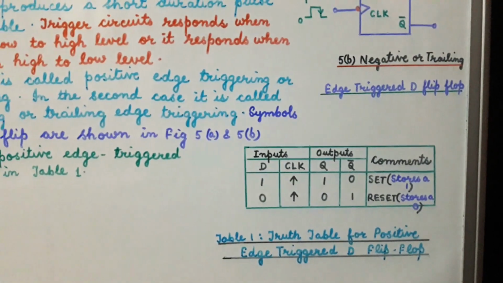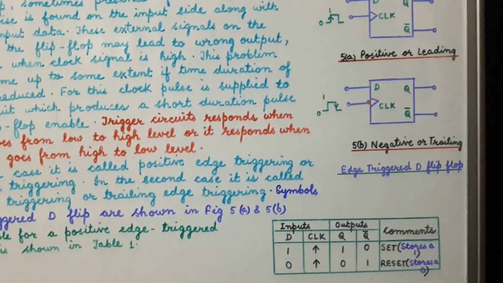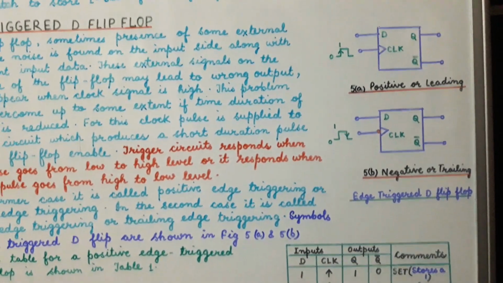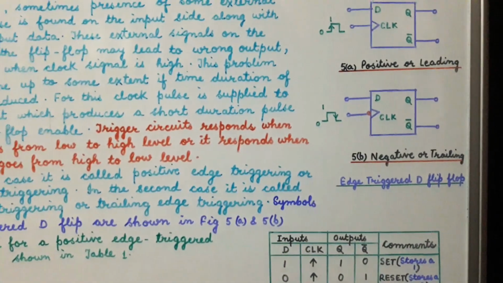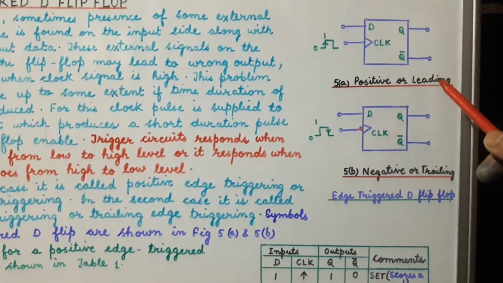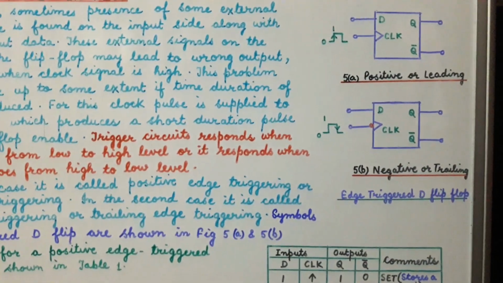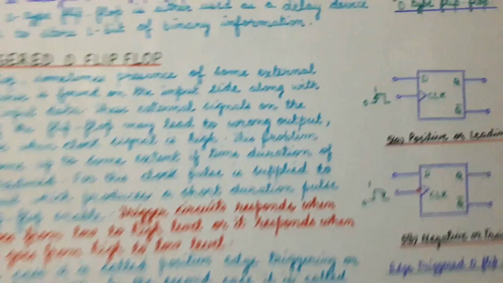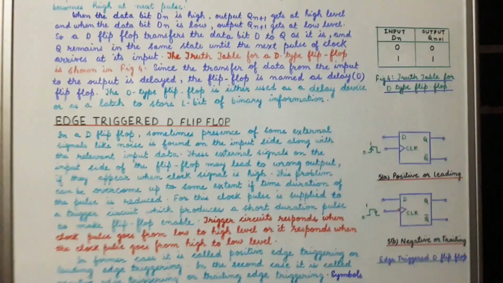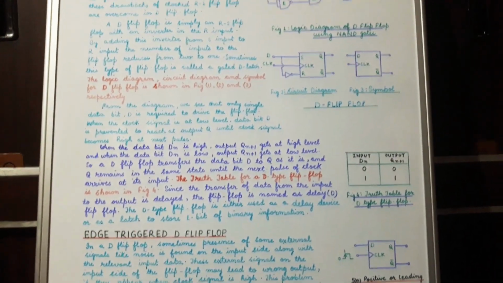In this way, the D flip-flop works when it is positive edge triggered or negative edge triggered. So this is how the D type of flip-flop works. Hope this is clear to all of you.